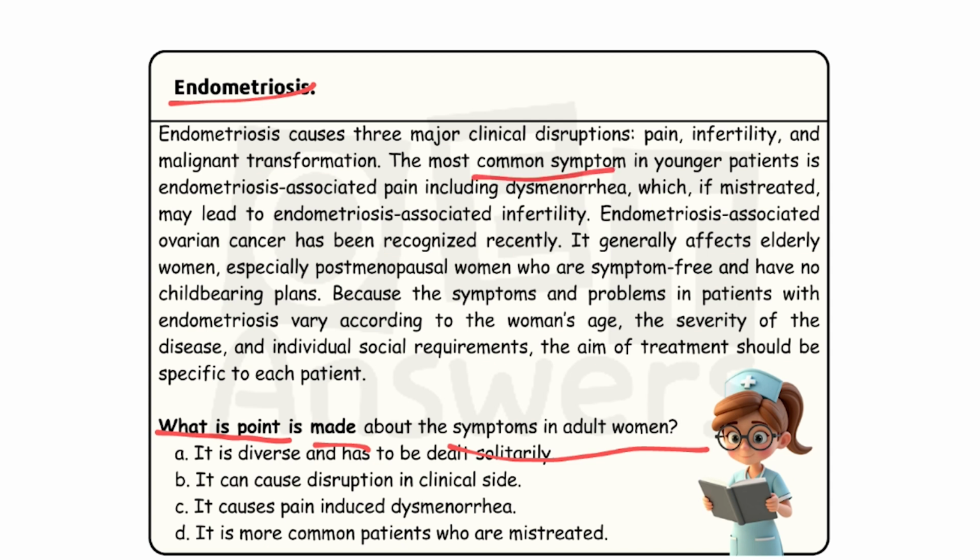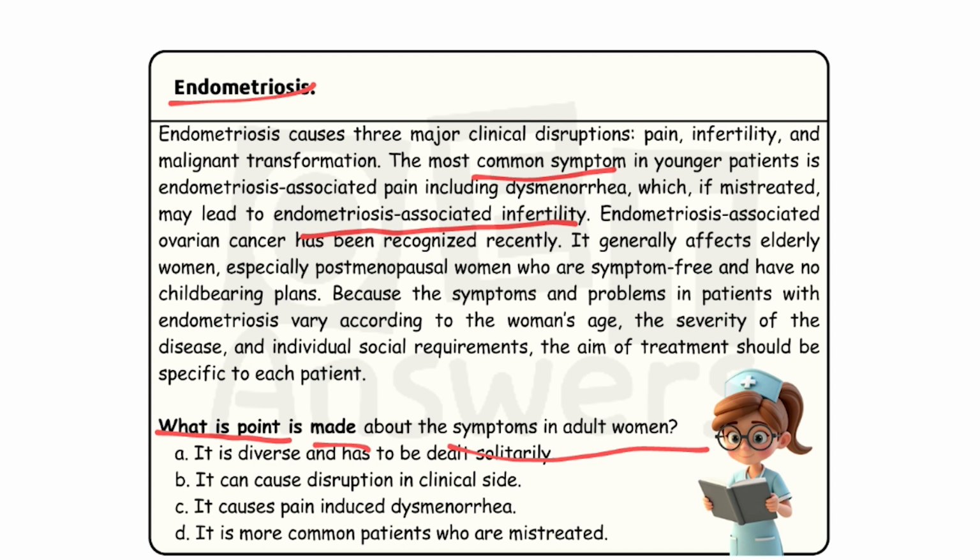This is the most common symptom, which, if mistreated, may lead to endometriosis associated infertility. Endometriosis associated ovarian cancer has been recognized recently. It generally affects elder women, especially postmenopausal women who are symptom free and have no childbearing plans.